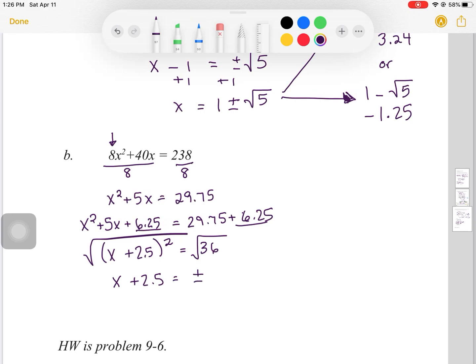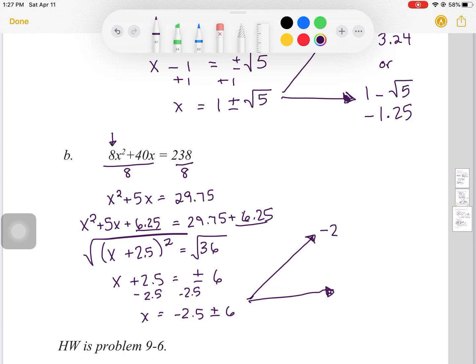So I'm going to get x plus 2.5 is going to equal plus or minus 6, because the square root of 36 is both positive 6 and negative 6. And then I'm going to subtract 2.5 from both sides. And again, I personally would write this as negative 2.5 plus or minus 6, giving me then my two solutions, negative 2.5 plus 6, which is 3.5.